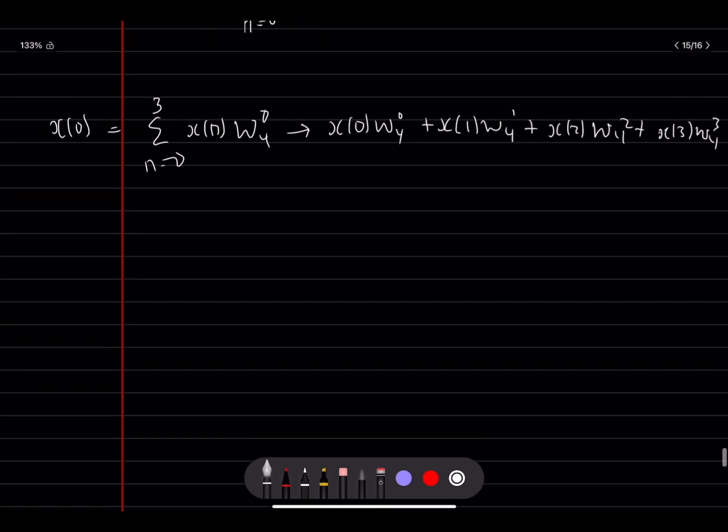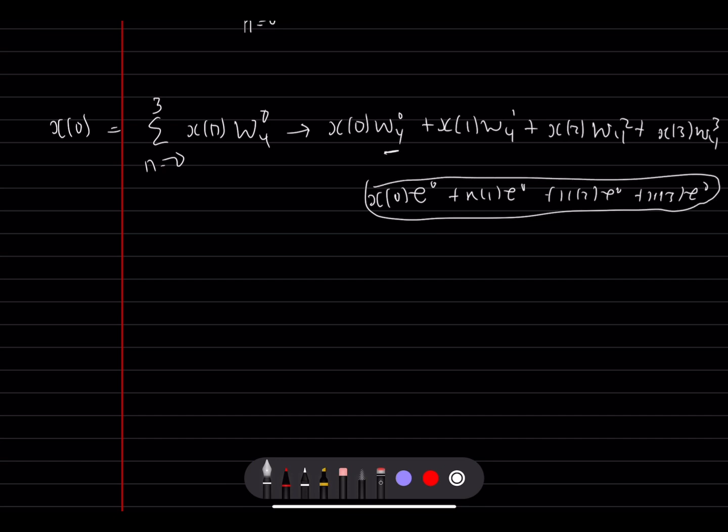And remember that as we were doing the direct computation, we were getting x of 0 exponent 0 plus x of 1 exponent 0 plus x of 2 exponent 0 plus x of 3 exponent 0. So this is what we are getting, and this is similar to whatever we are getting here.